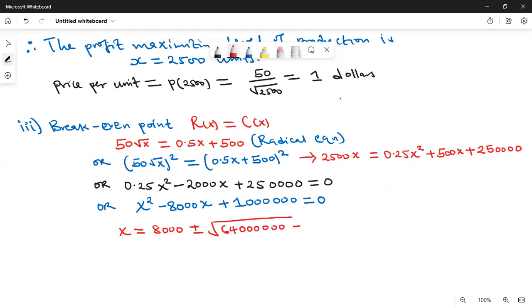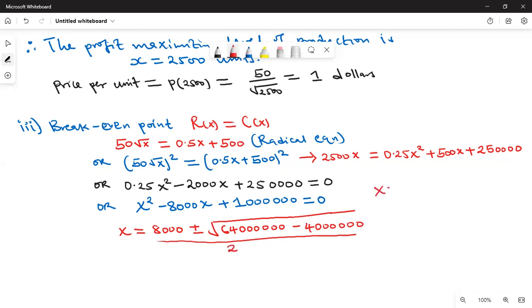Then minus, remember the formula, 4 times a times c. Our a is 1, c is 1 million. So that will give us 4 million. Everything we divide by 2 times a, and our a is 1.